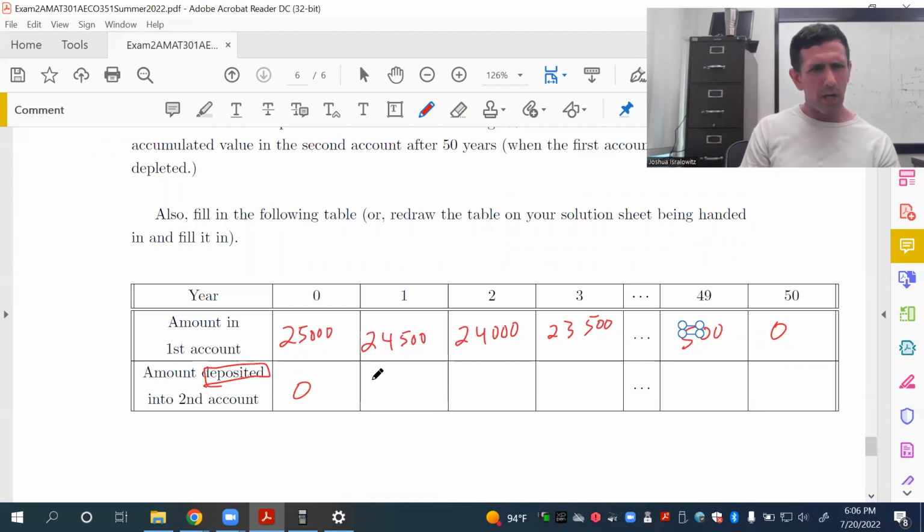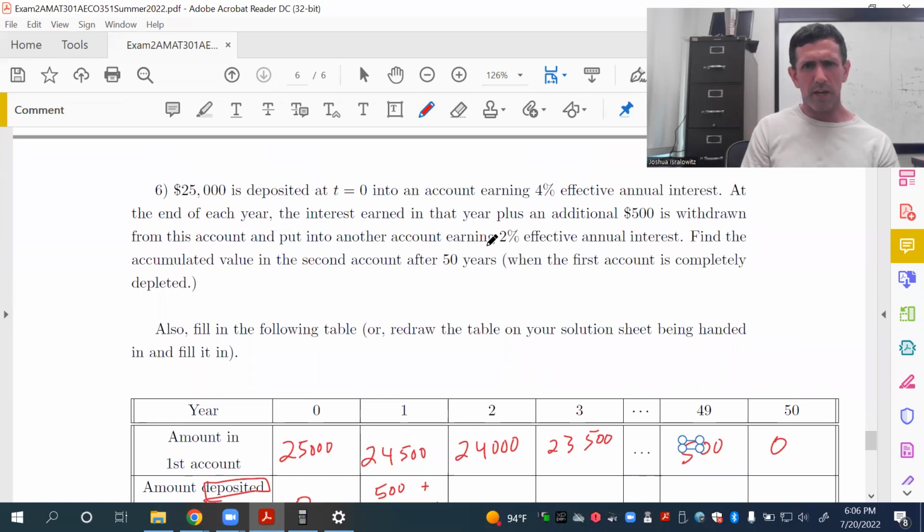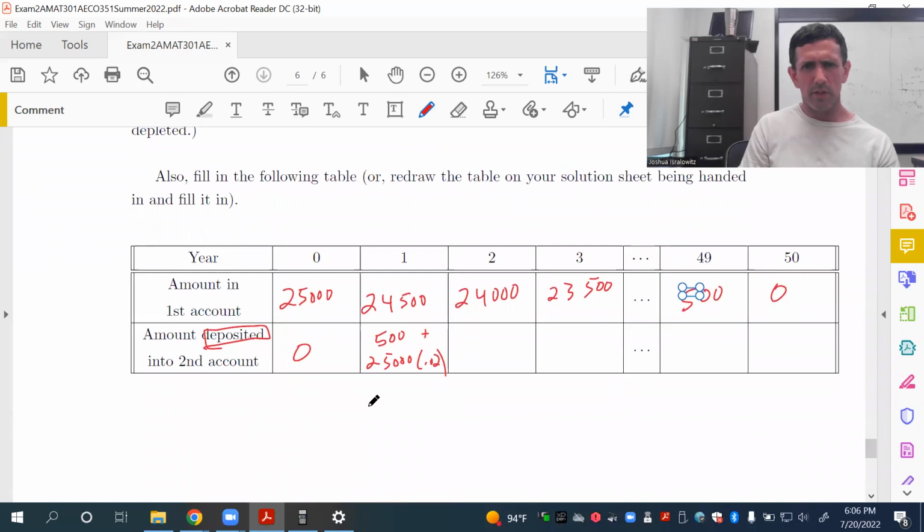So it's 500 plus 25,000 times 0.02. The second account earns 2%. So it's 500 plus 1,000.